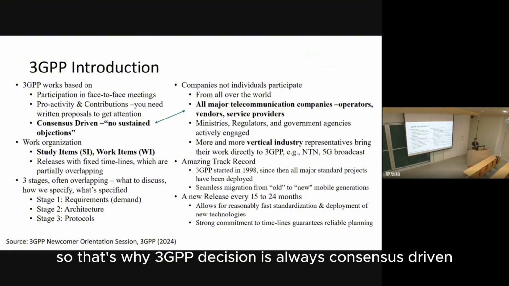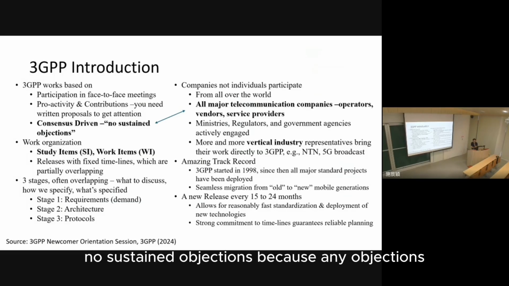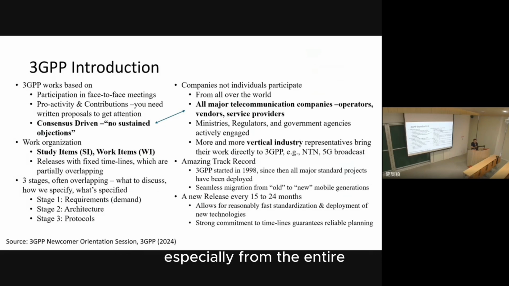So that's why 3GPP decisions are always consensus driven, with no substantial objections, because any objections, especially from an entire group of some specific players, mean you won't see these features commercialized and deployed in the real network.